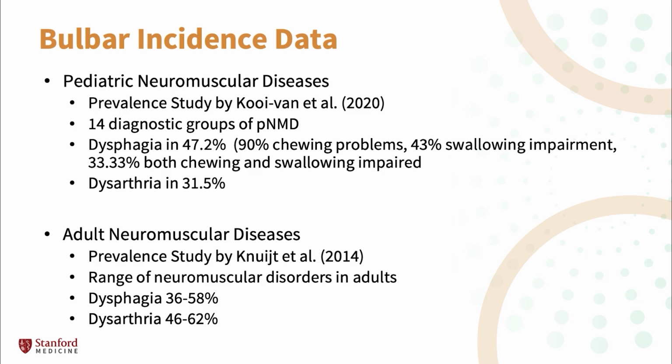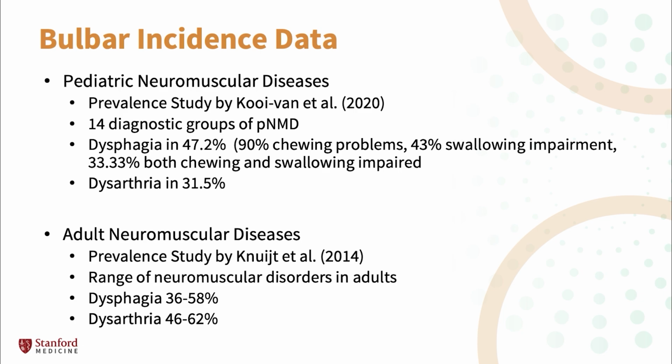When we talk about the scope, how many individuals are involved, there's so much data out there. I had a hard time condensing it, so I just grabbed a couple papers, and I have a reference list available.